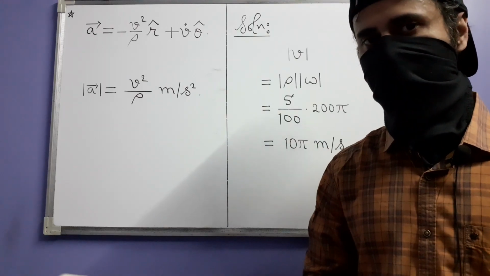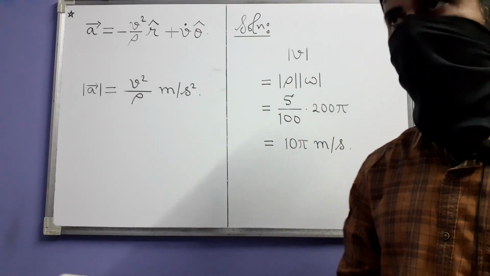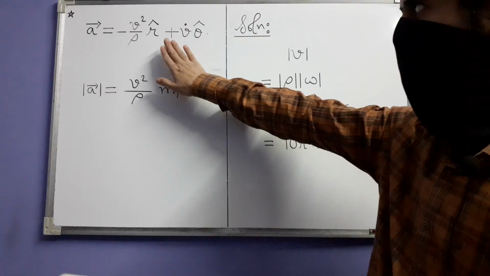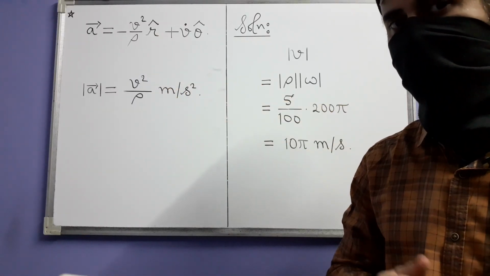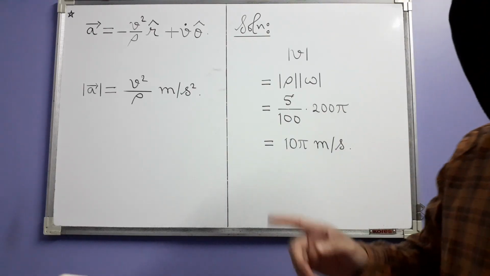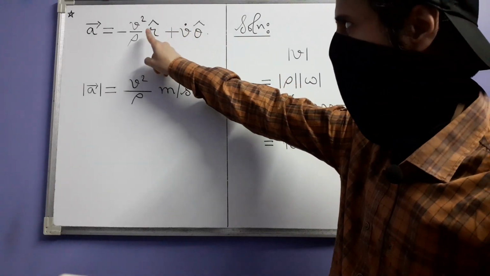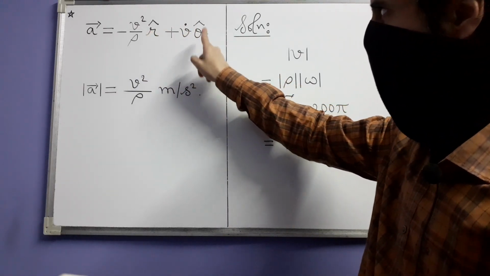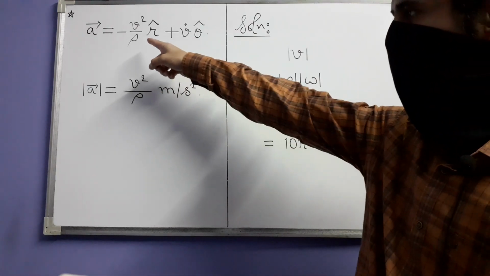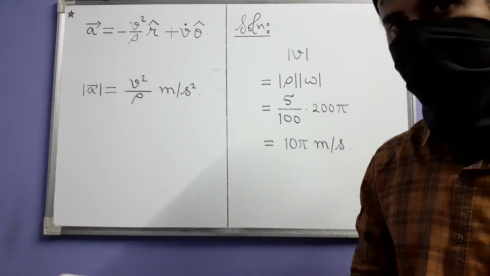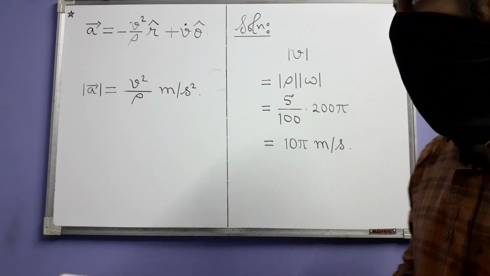Now next we have to find the magnitude of acceleration, and for that let's first recall the general acceleration formula for circular motion: minus v squared divided by rho times r hat plus v dot times theta hat. v is the circumferential velocity and rho is the radius of the circle in which the motion is happening.